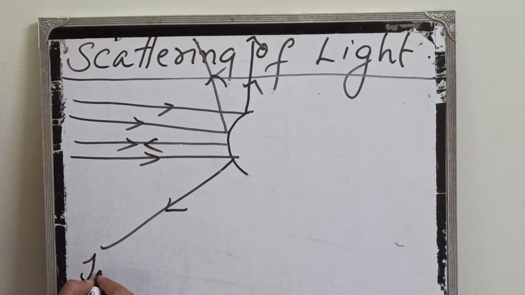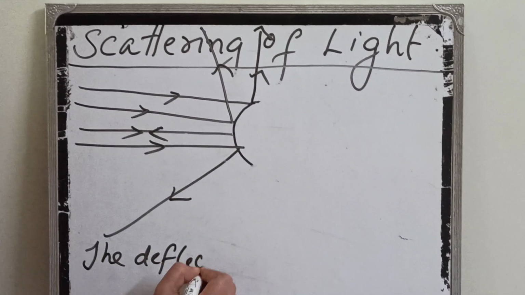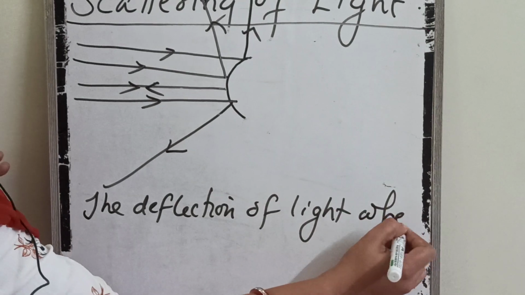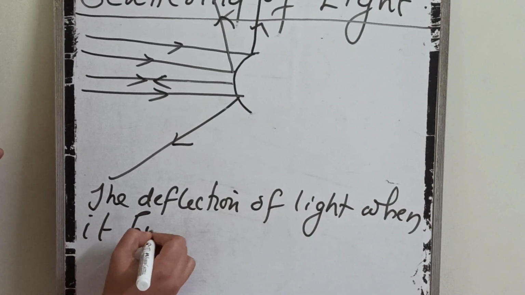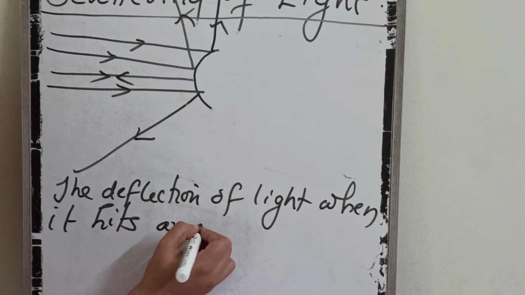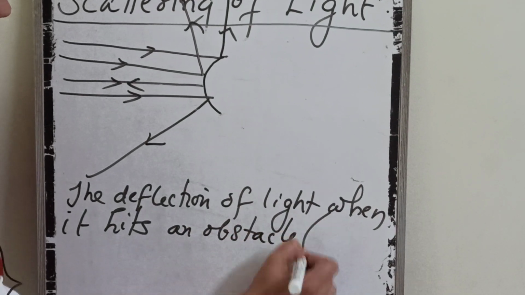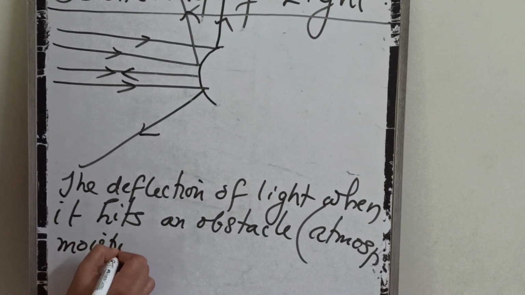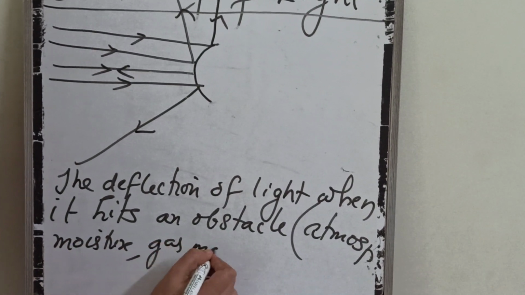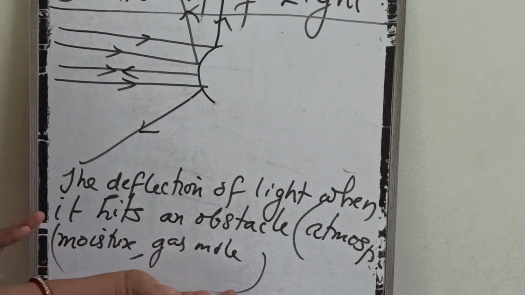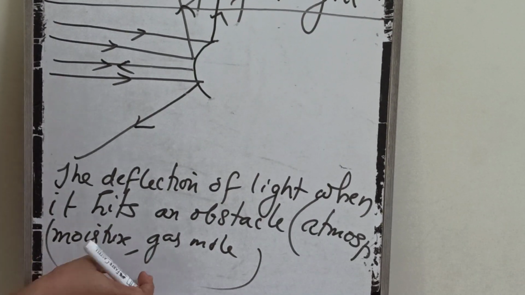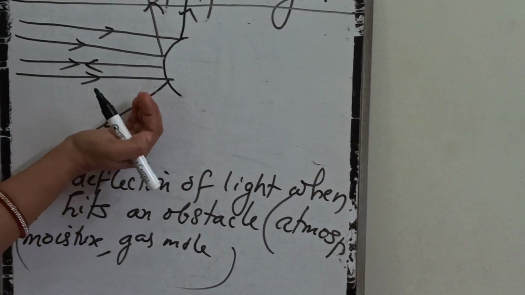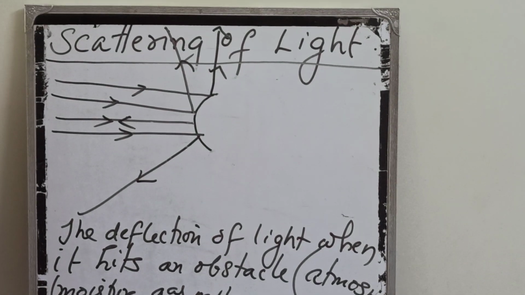This deflection of light, when it hits an obstacle in the atmosphere, it can be moisture particles, gas molecules, anything. So when it hits such gas molecules or moisture water droplets, etc., the light gets deflected in various directions, and that phenomenon is known as scattering of light.